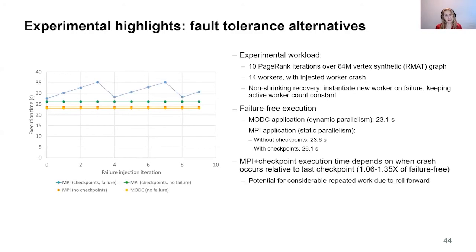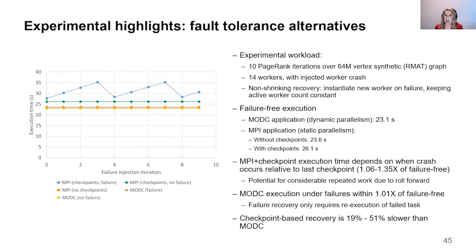When we start injecting failures into the system, we see that for the MPI application the execution time really depends on when we inject the fault relative to when the last checkpoint was. Our assumption here is that checkpoints are happening every 4 iterations. So you can see this sawtooth pattern in the execution time for the MPI application, depending on when the last checkpoint took place.